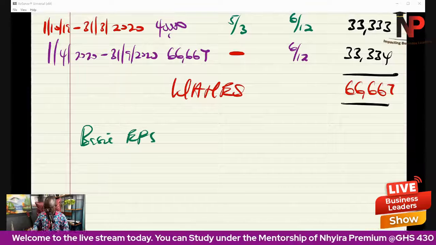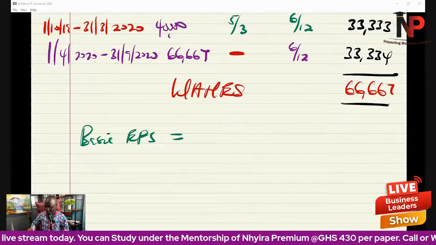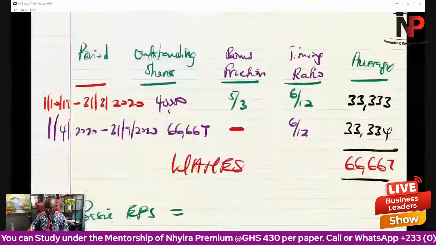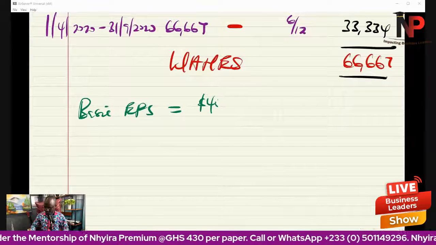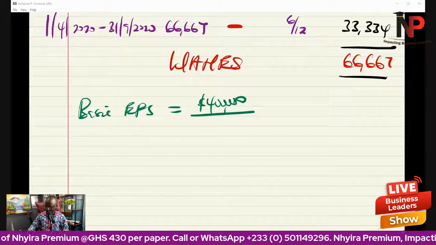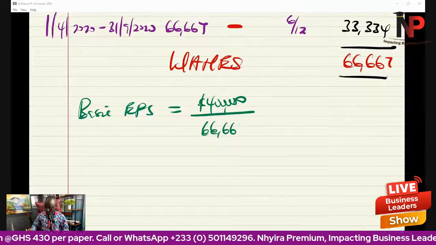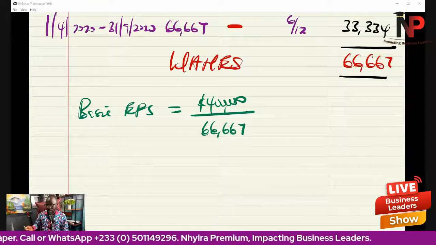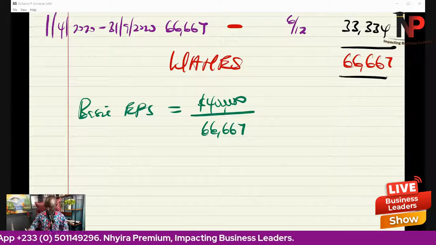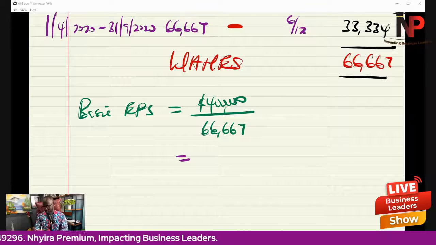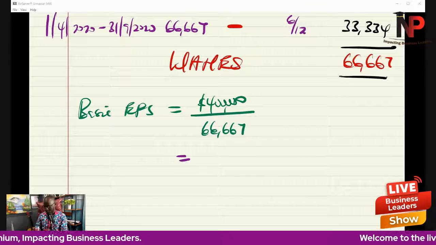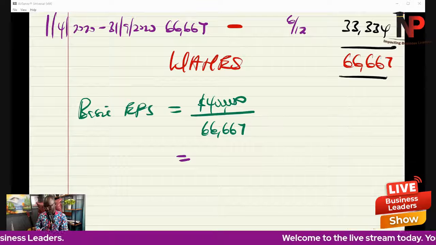So basic earnings per share will be equal to our profit attributable to equity shareholders, $400,000, divided by the WANS, 66,667. Certainly, we will be able to get our answer, 400,000 divided by 66,667.